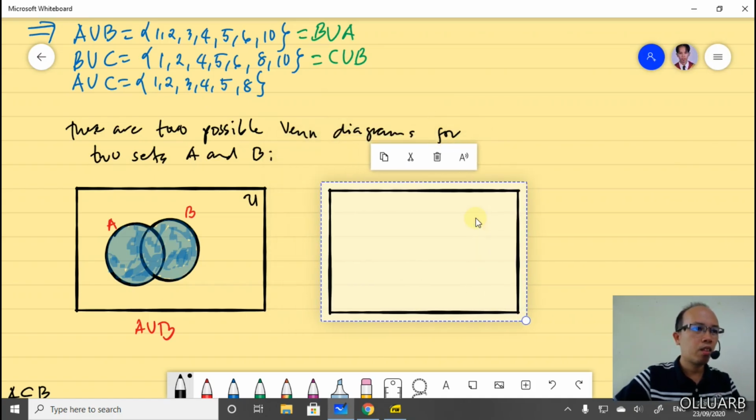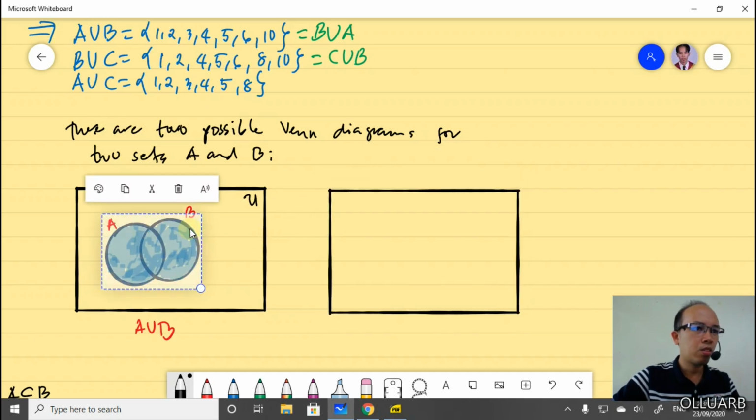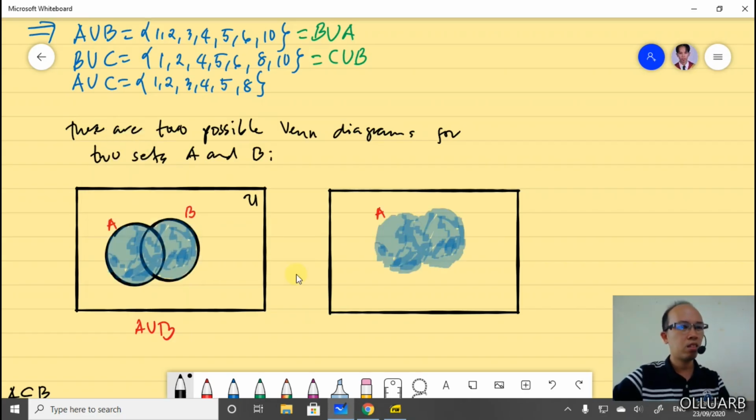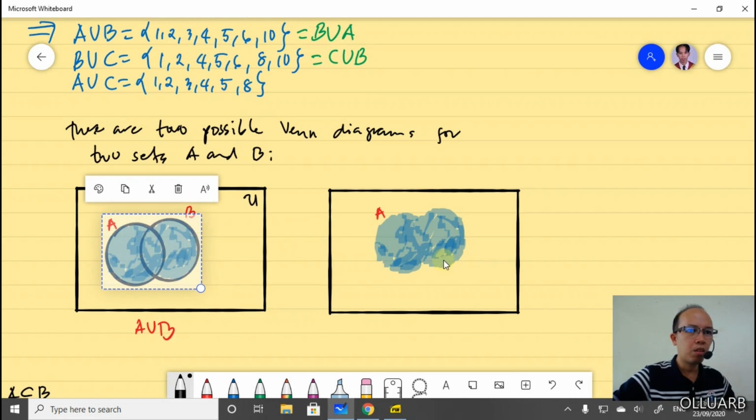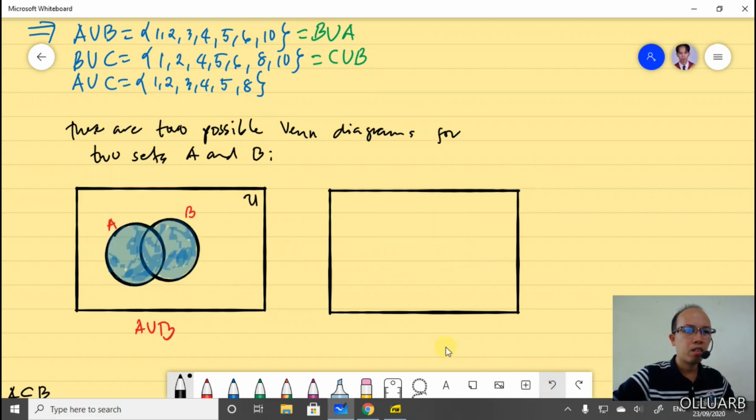Let's copy this object and then paste. So let's wait for the program. I guess I have to make another circle.